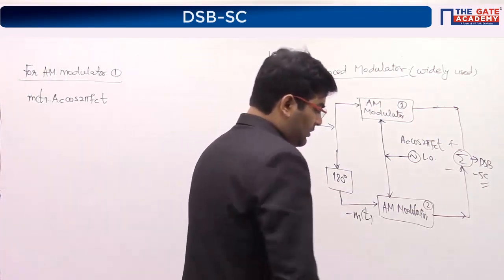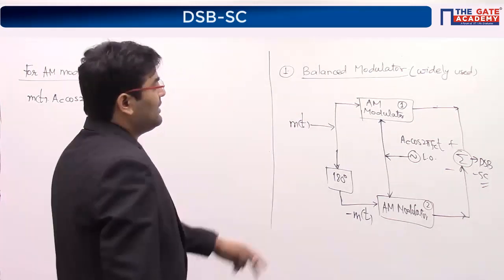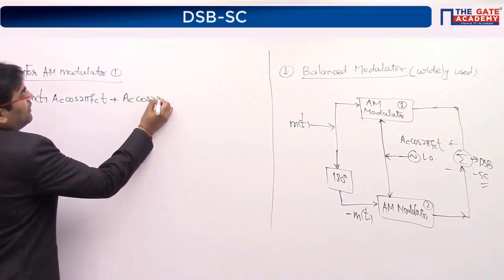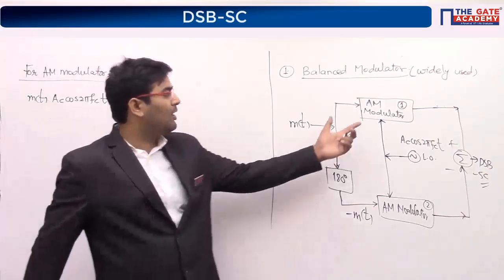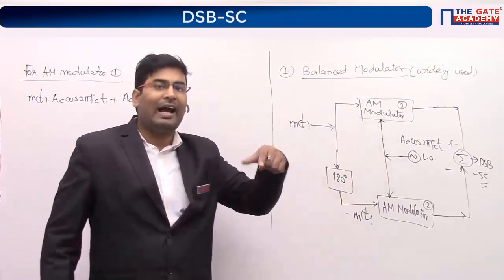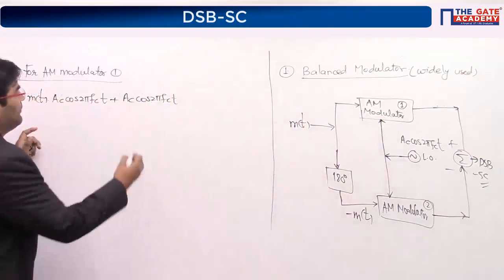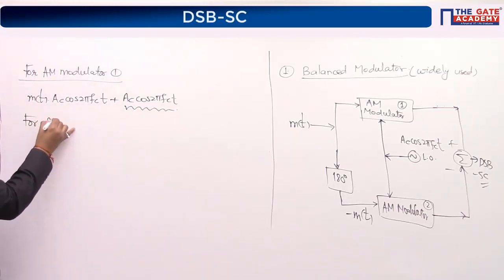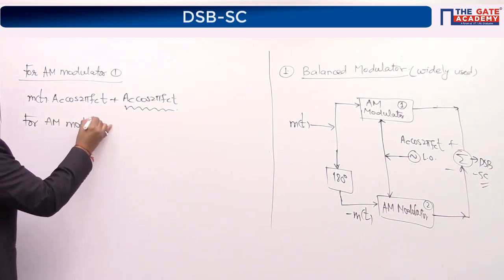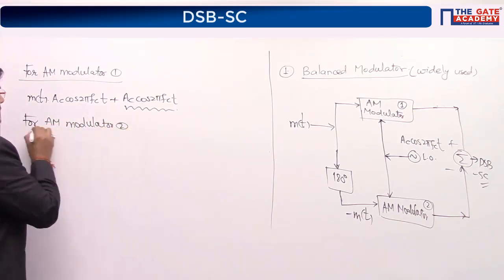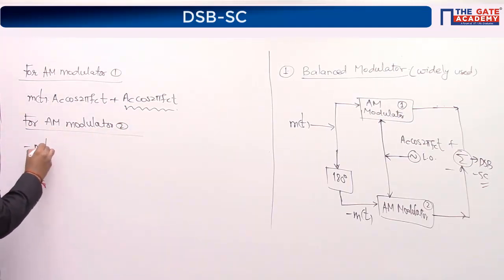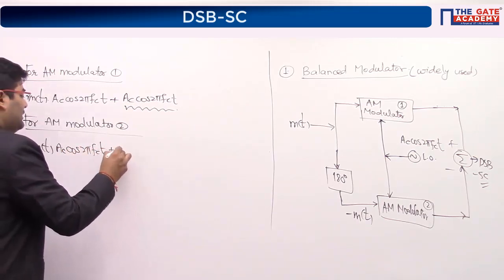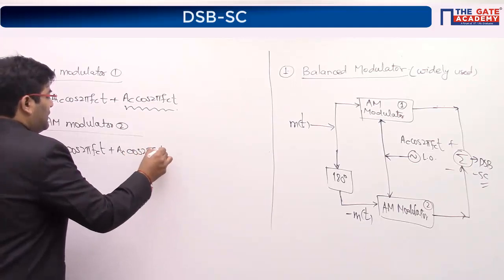And since it is an AM modulator, you will have one more term which is AC cos 2 pi FCT. Guys, this is an amplitude modulator, so an amplitude modulator will always add an extra carrier signal. Don't miss that thing. Similarly, for AM modulator 2, your output will look like this. So you get minus M of t AC cos 2 pi FCT plus AC cos 2 pi FCT.